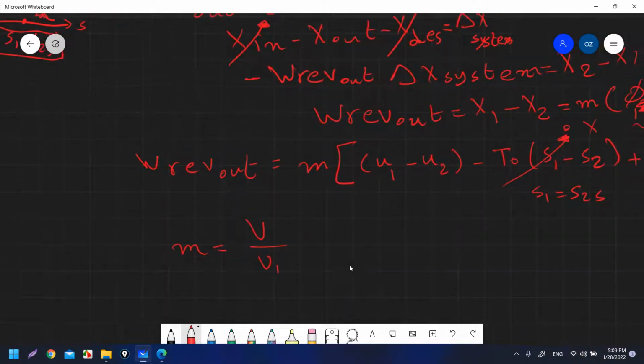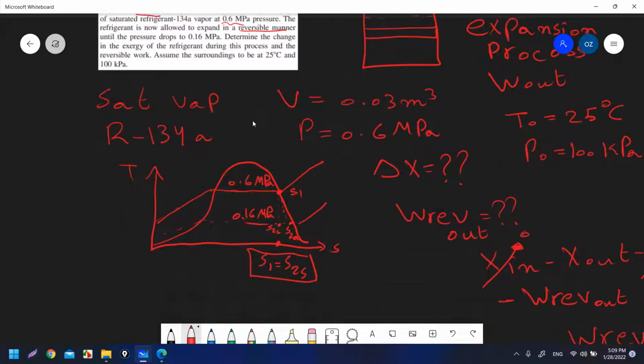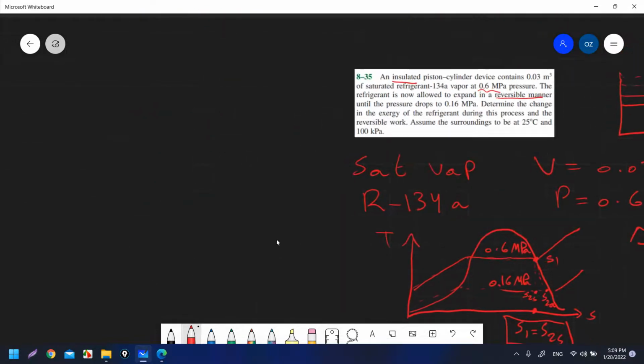Okay, so let's get the properties. We have the refrigerant R134a, and we have a table for the refrigerant. P1 is equal to 0.6 megapascal. Multiply by 1000 because the tables are in kilopascal, so you will have 600 kilopascal, and it is a saturated vapor, so you will find everything at g, gas: Vg, Ug.